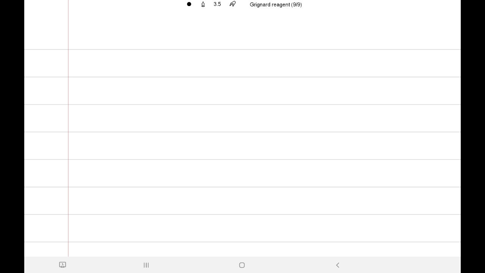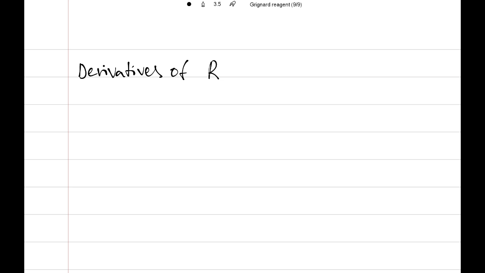Okay, right, next one, when this reacts with carboxylic acid derivatives. So what are the carboxylic acid derivatives, as we discussed earlier? Derivatives of carboxylic acid are nothing but the compounds which we can prepare from the carboxylic acid; those we call derivatives of carboxylic acid.